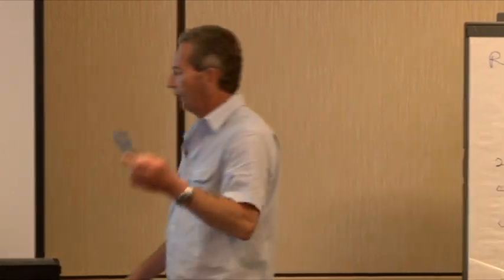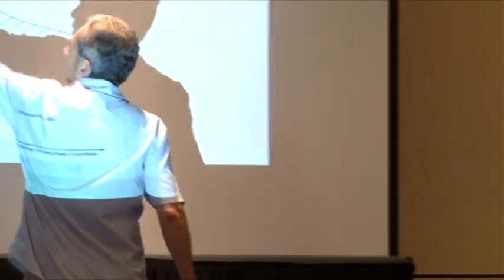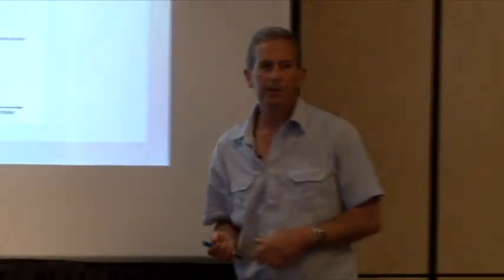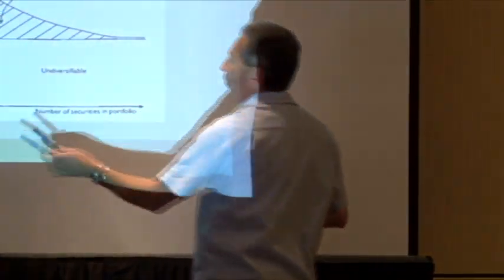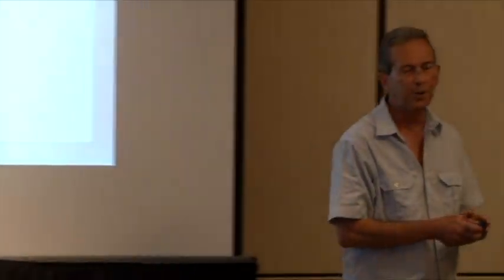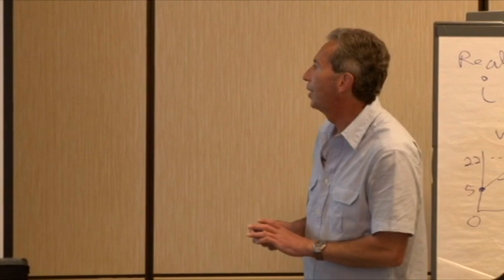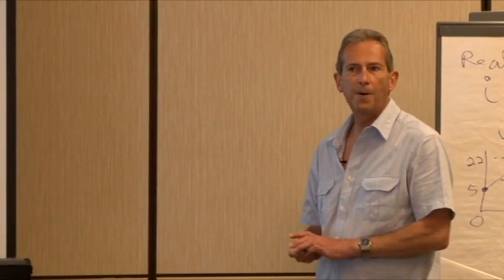And this little diagram here is designed to show that notion. So here's our idea of risk, our idea of standard deviation, the standard deviation of the portfolios. And here, the number of securities or the number of stocks that are actually in the portfolio.